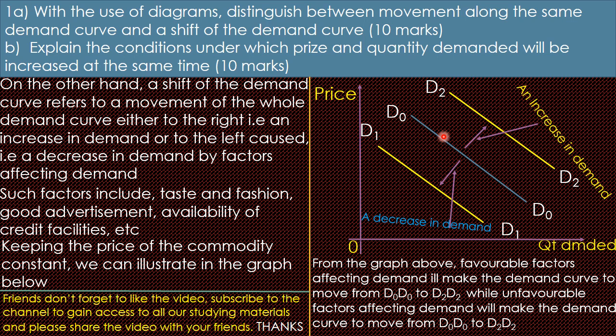Good. Which is an increase in demand, while unfavorable factors affecting demand will make the demand curve move from D0 to D1. Unfavorable factors are simply the opposite of these good factors that we mentioned here. Okay, it's simply the opposite. Like good advertisement, what are unfavorable factors, guys? Bad advertisement. Okay, that's how you can simply reverse the points and you will give.